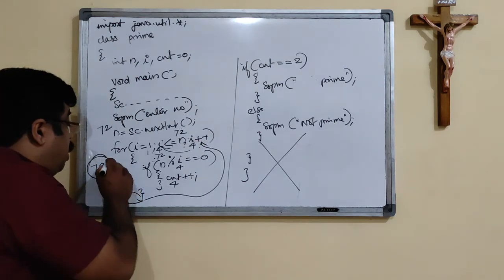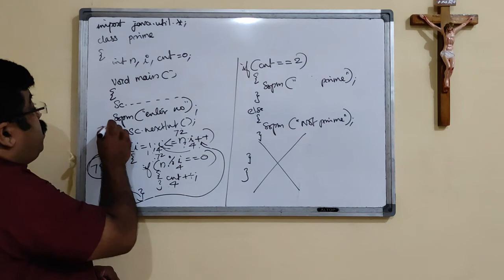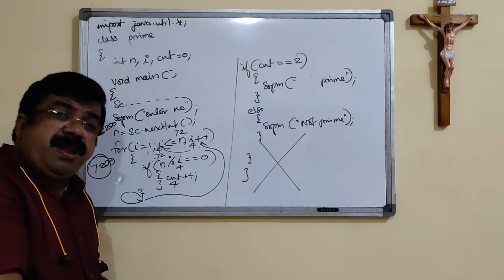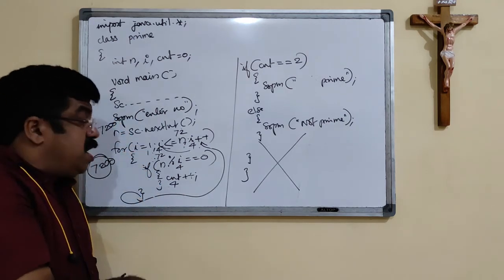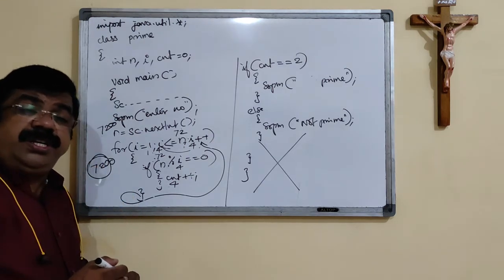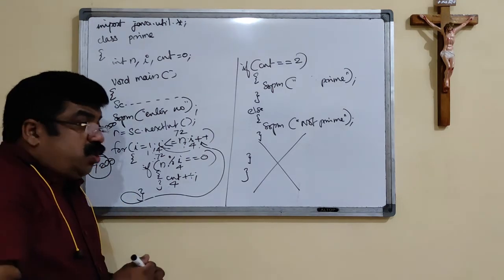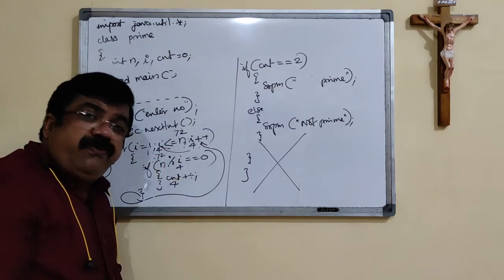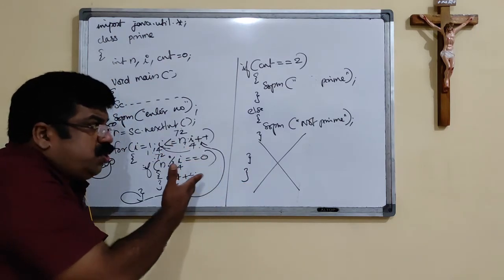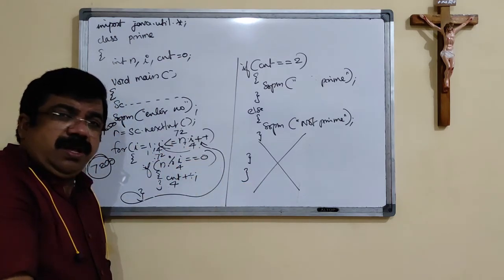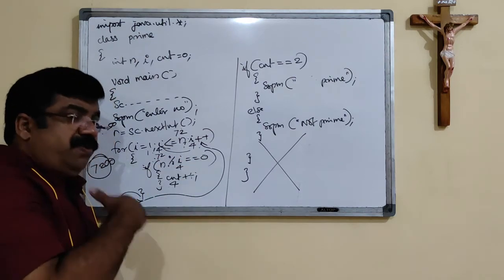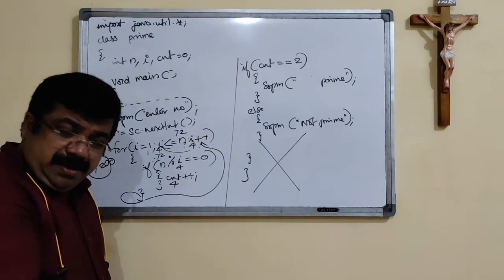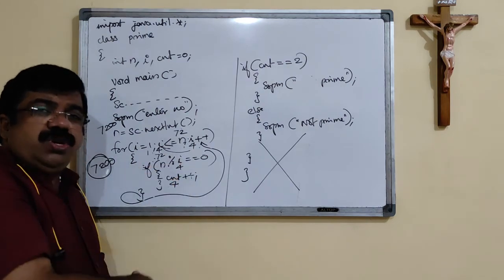Suppose the given number is 7200, what will happen? The loop has to run 7200 times. So this logic is not to be followed. We may have this logic in certain books, but don't follow it. We will go for a better logic which I am going to write now.